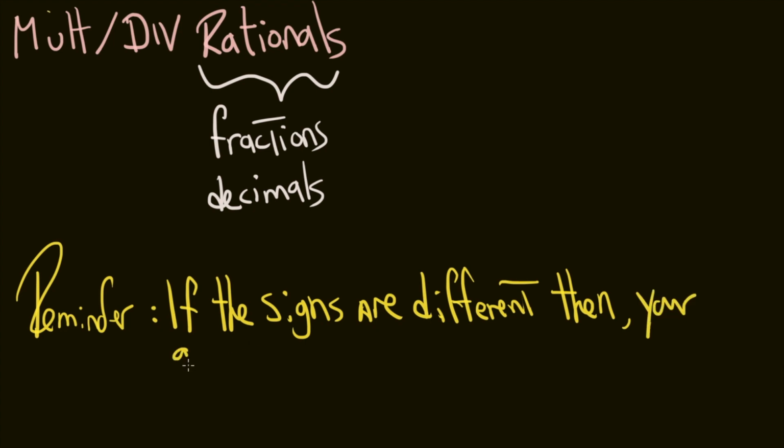This is something you just have to memorize. I don't have anything cool or catchy to help you with this one. So if the signs are different, your answer is negative, and you can guess if the signs are the same, your answer is positive.